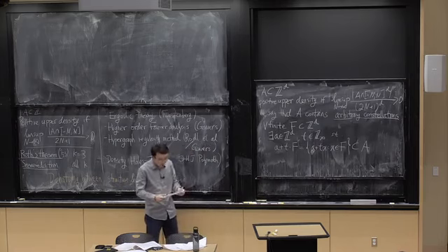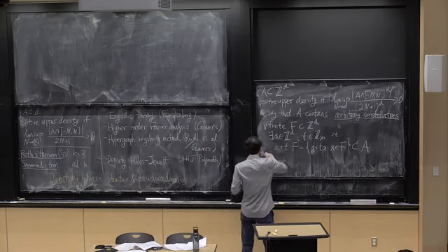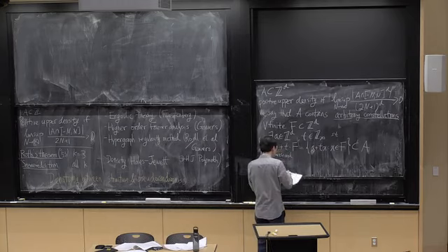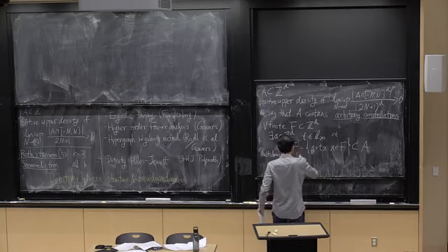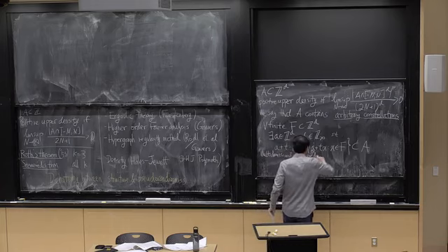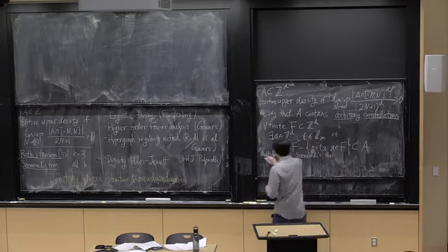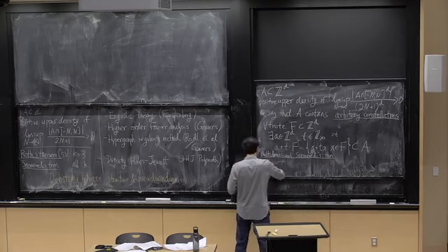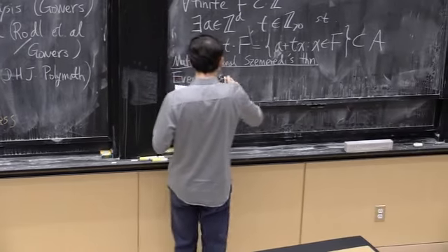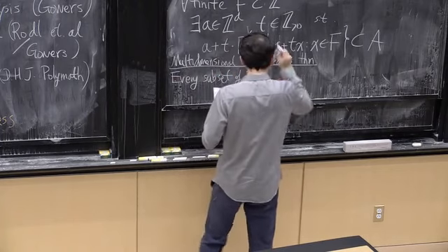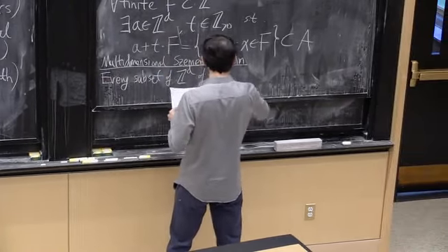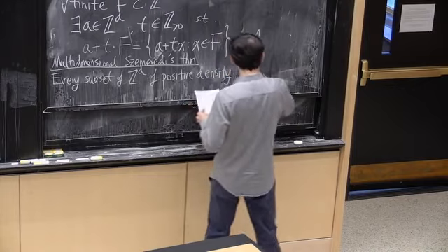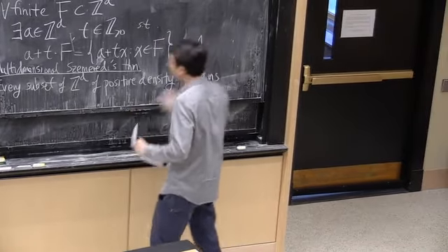Okay, so that's a definition, and the multidimensional generalization of Szemerédi's theorem says that every subset of the d-dimensional lattice of positive density contains arbitrary constellations.